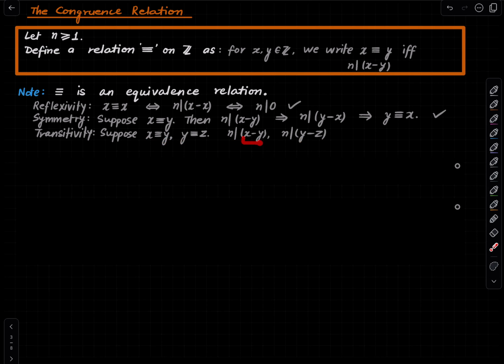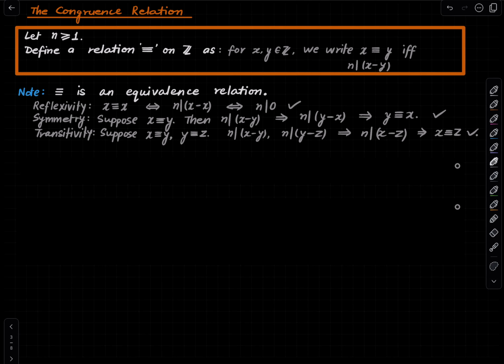Now, since n divides x minus y and y minus z, n will also divide the sum of these two numbers. So we get n divides the sum of these two. But minus y and plus y cancel out, so we are left with x minus z, which is same as x congruent to z. So transitivity also checks out.